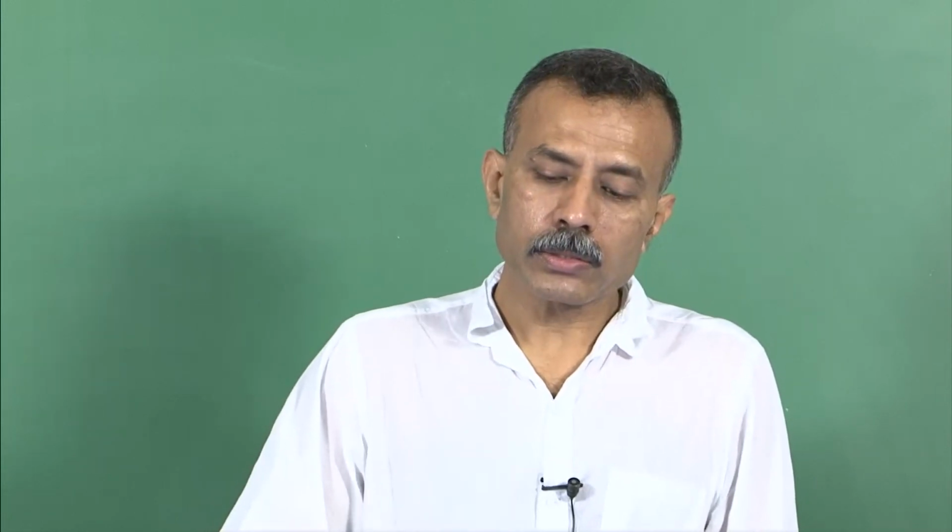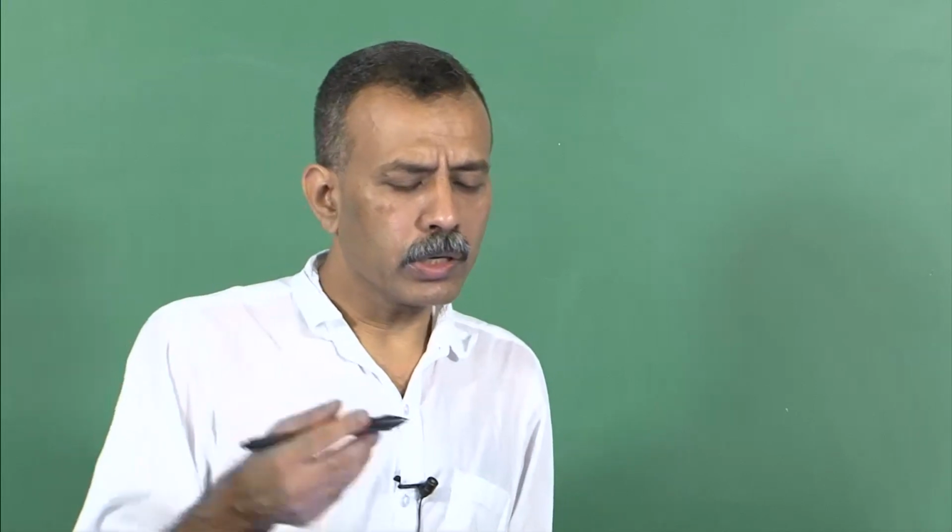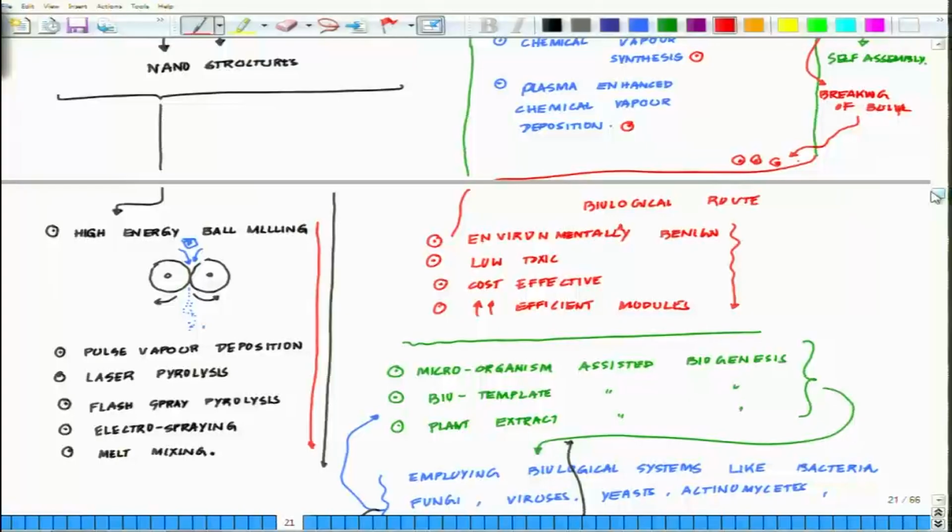So, this broadly covers the different methods under the heading of physical, chemical and biological methods of synthesis. We will go a little bit after this in explaining very briefly what is high energy ball milling, what is pulse vapor deposition, what is laser pyrolysis, what is flash spray pyrolysis, what is electrospraying and melt mixing.